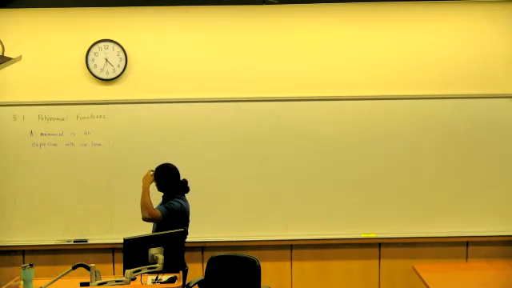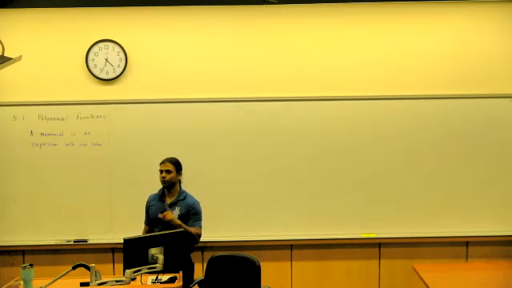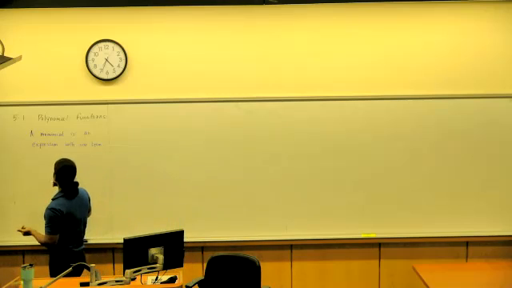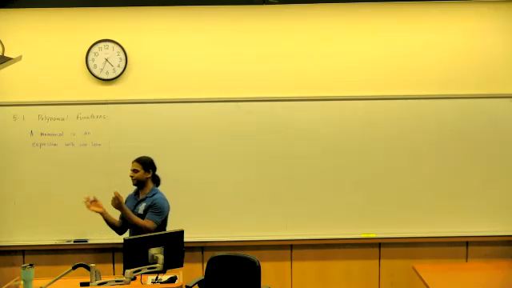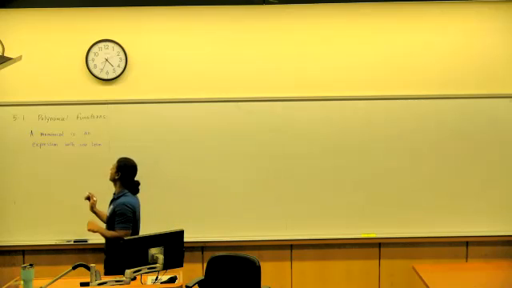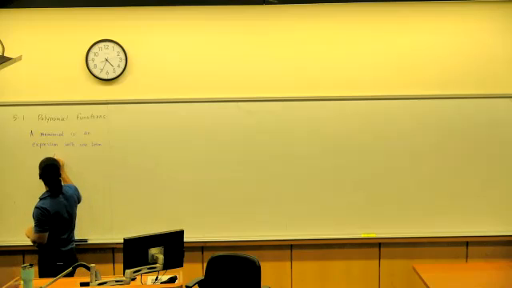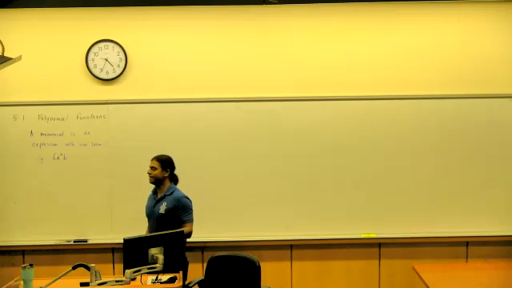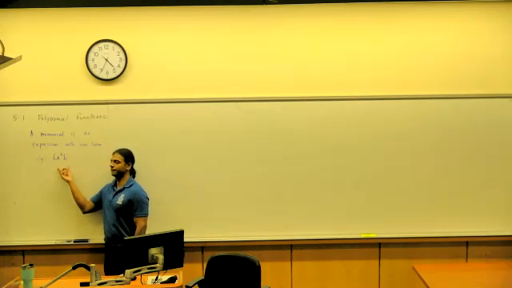A monomial is just an expression with one term. So it could be just a constant, it could be a number, it could be a bunch of variables multiplied together. So 6a²b is a monomial because you just have one term.